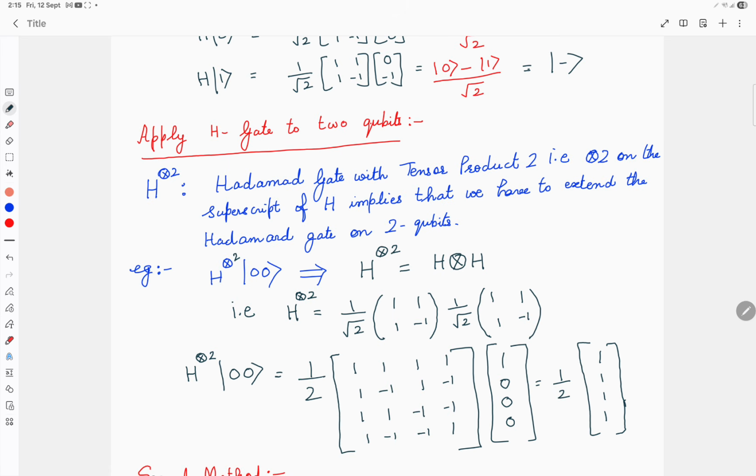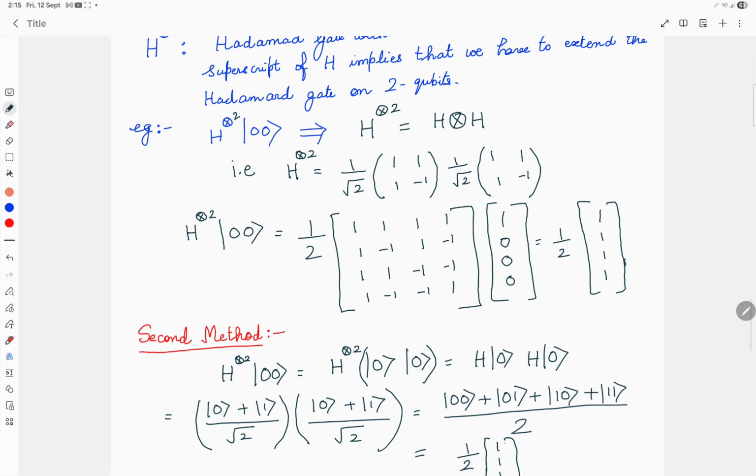This tells us you are applying the Hadamard operation on 2 qubits, the Hadamard gate with tensor product 2. So this tensor 2 on the superscript of H implies that we have to extend the Hadamard gate on 2 qubits.